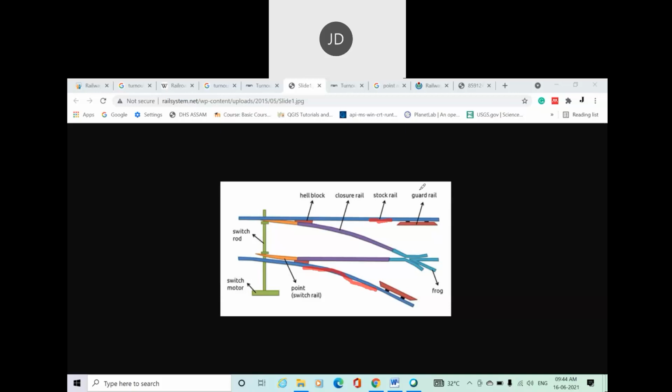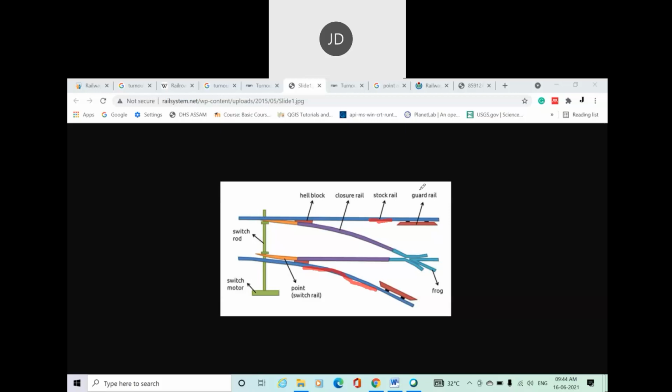Basically, stock rails are running rails immediately alongside of the switch rail, against which the switch rail lays when in the closed position. The stock rails are otherwise ordinary rails that are machined, drilled, and bent as required to suit the design of the turnout switch and individual switch point rails.